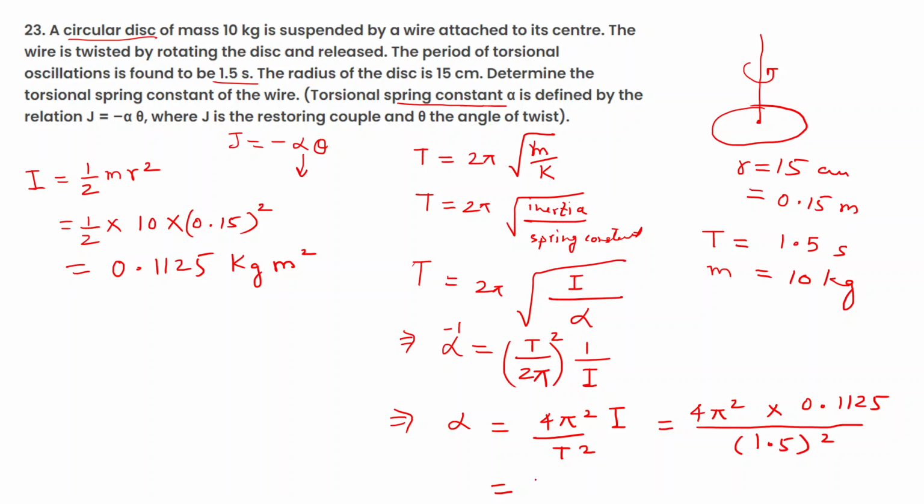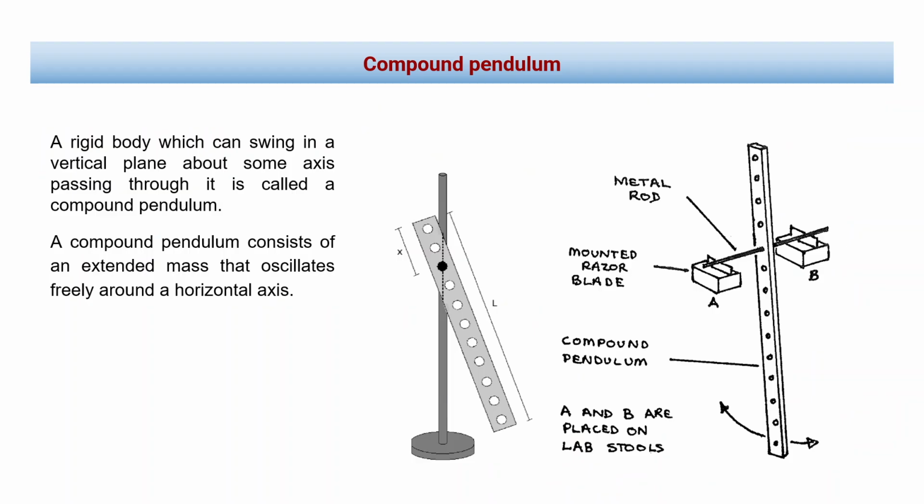So I'm getting 1.972 Newton meter per radian. So this will be the torsional spring constant value of this wire. This is the answer. Okay, so these were the questions based on simple harmonic motion.